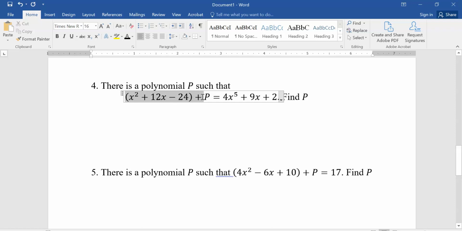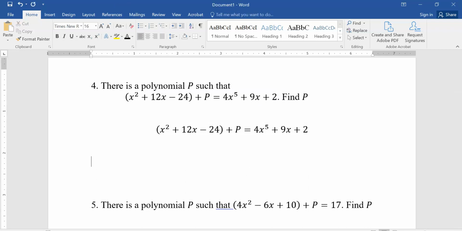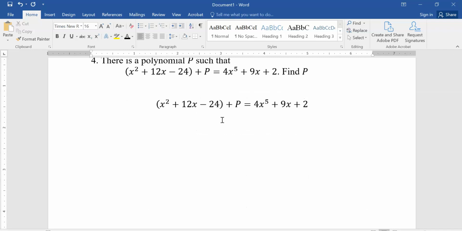Now this one's a little bit trickier than the previous problem. Not crazy trickier, but conceptually it's the same, but you do have to watch out for one little wiggle here. Just realized I copied that down wrong. That should be a negative 4x to the fifth plus 9x plus 2.